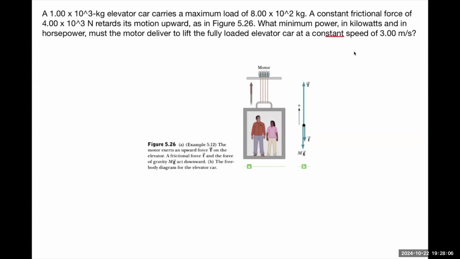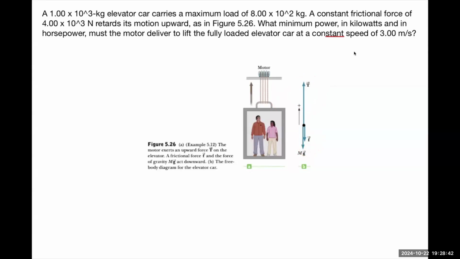Net force will be zero. So what does that mean? My tension force, which is pulling this car up, must equal the weight of the person and the weight of this whole thing acting downward, plus the friction force, which was decelerating. They must equal the tension, right?